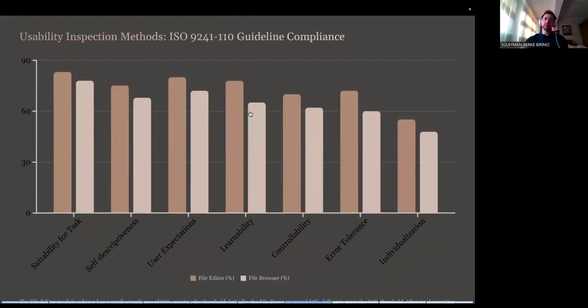Hi, I am Berke. I will talk about the usability testing results of our project. We tested two main parts of this system: the file editor and file browser.